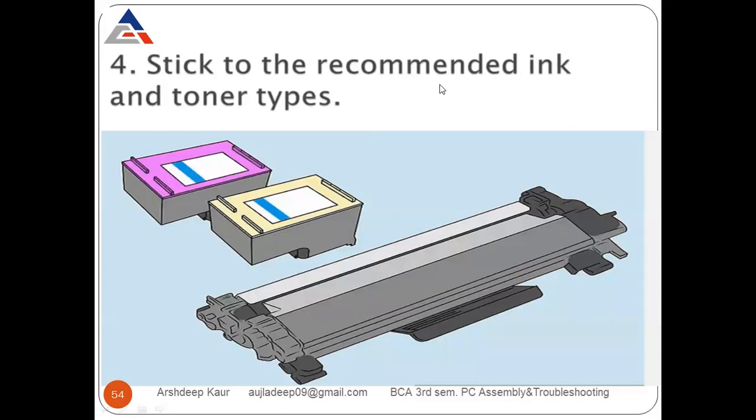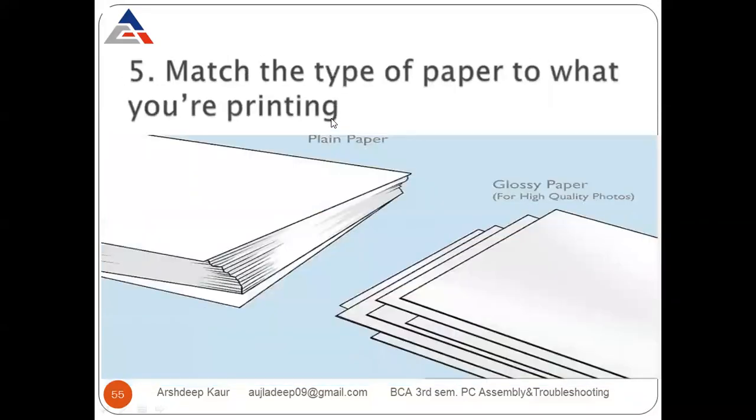Stick to the recommended ink and toner types. If I'm using a Canon printer, I should use the ink and toner types that are recommended by Canon. If I'm using an HP printer, I should follow the recommended ink and toner types from the HP printer manufacturer. Match the type of paper to what you are printing.